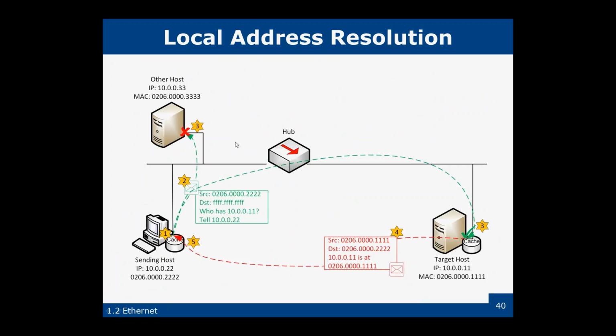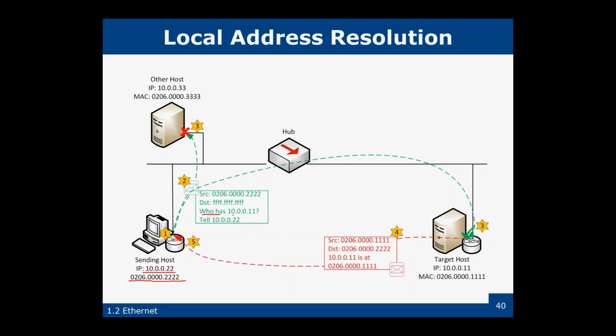Local address resolution, and we'll do remote address. This is kind of the communication process. If a sending host, we have IP addresses, which we haven't addressed yet, but we will tomorrow, and MAC addresses. The IP are the logical addresses, the MAC are the fixed addresses. If we want to go to the destination, who has 10.0.0.11, tell this guy.